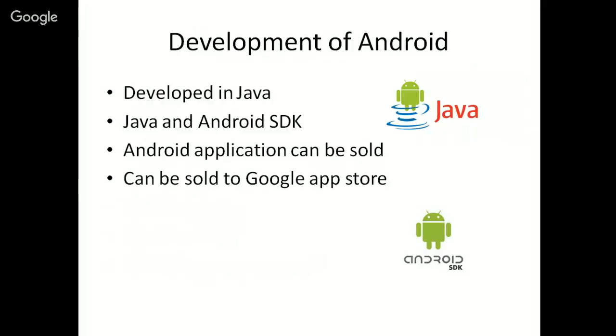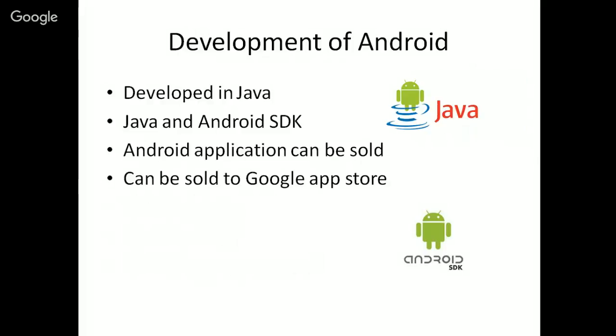I mean to say that if you know the Java codes, then you will be able to develop Android applications one step faster than another person who doesn't know Java at all. So Java is the development language of Android and is one of the backbones of Android application development.